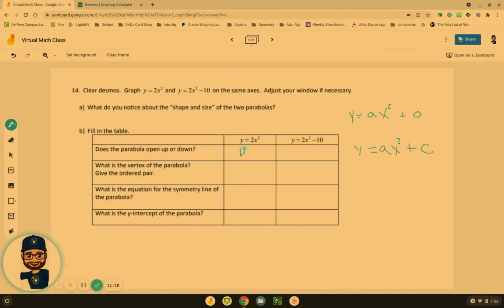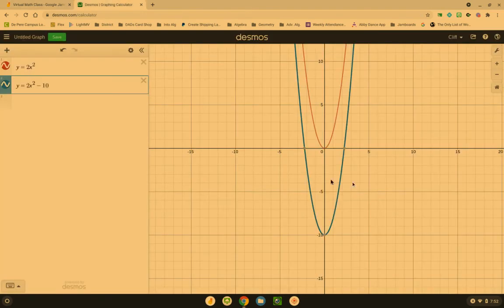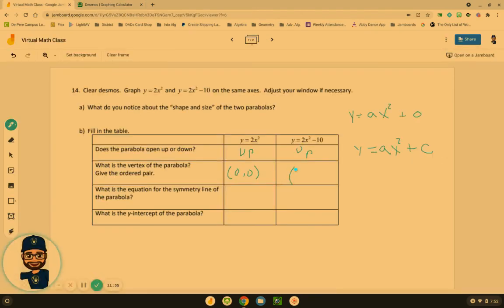Parabola here, 2x squared is up, and so is this one because the a value is still positive. Vertex is 0, 0 on the original one, but now, as we said, the blue moved down to 0, negative 10. So the vertex shifted down.